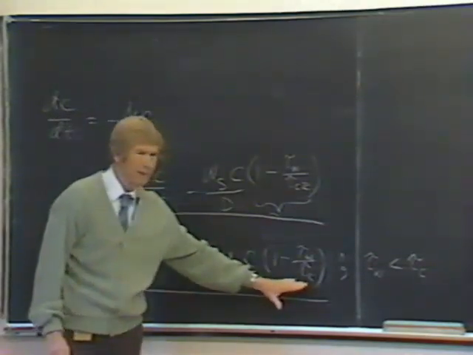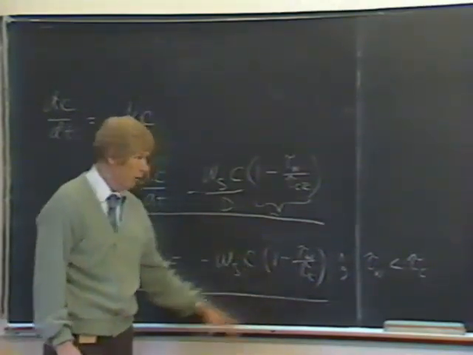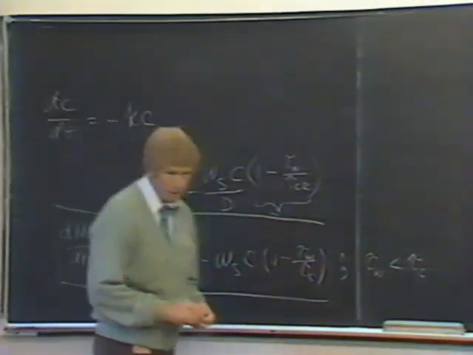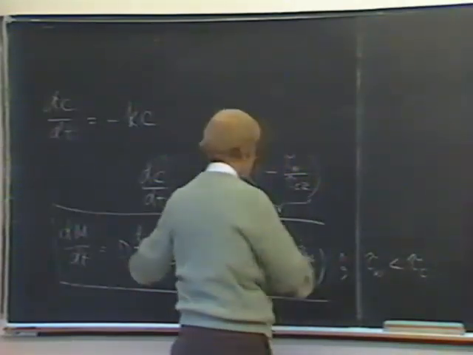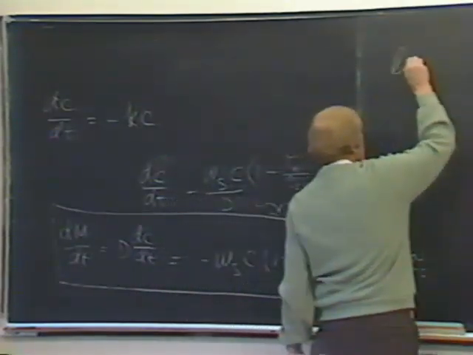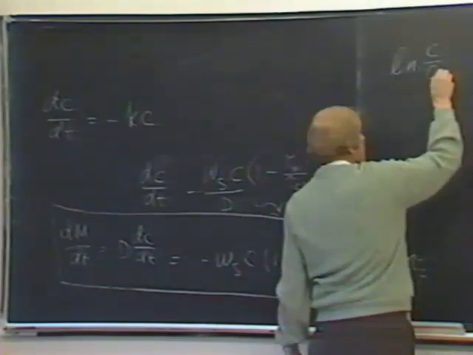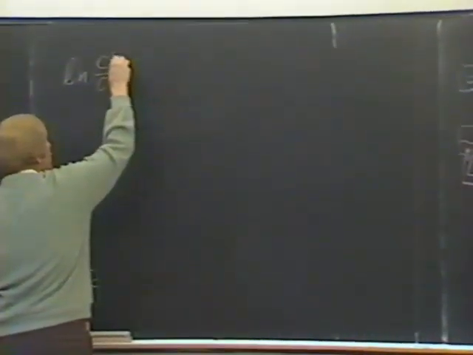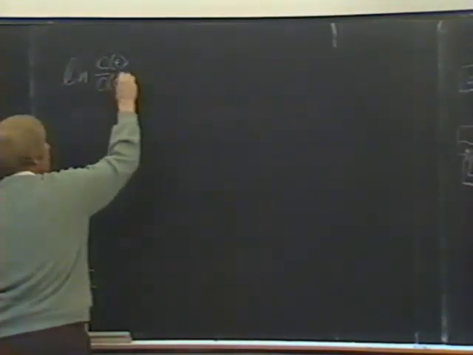Now let's look back at that figure you just saw. The integrated form of this is log C over C0, C at time t divided by C at time 0, is equal to minus some constant, or I'll put it here.